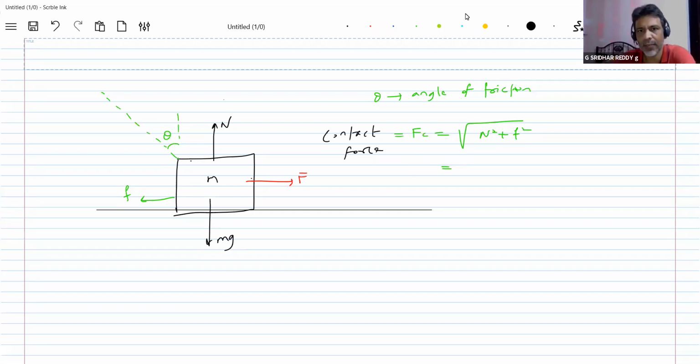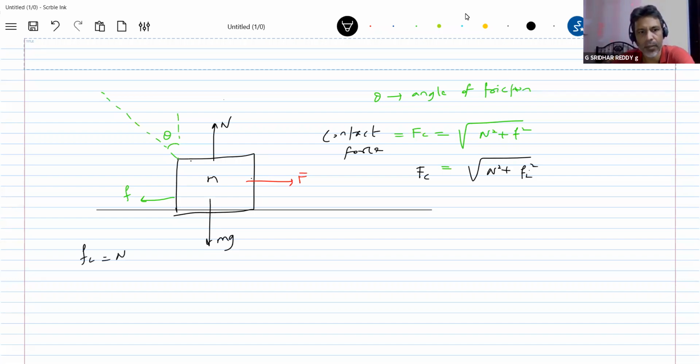Similarly, we can write here also, Fc is equal to square root of N square plus mu s into, or say this will be F L. What is the limiting friction?